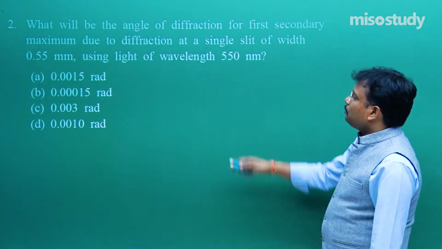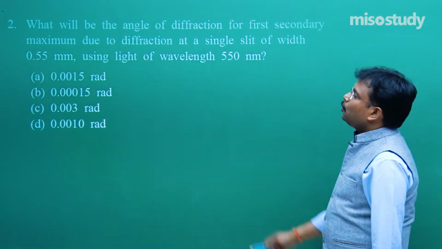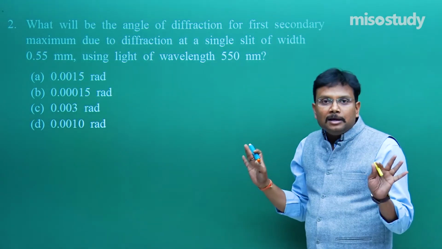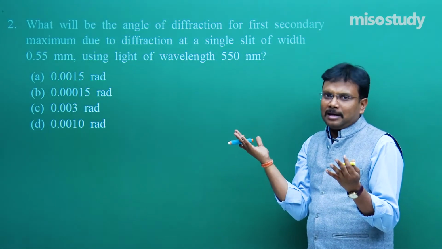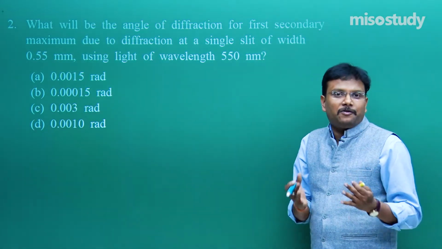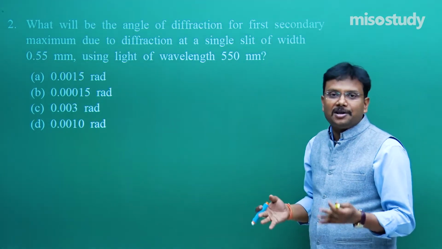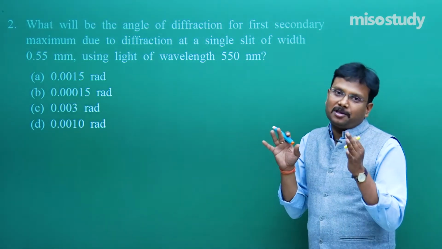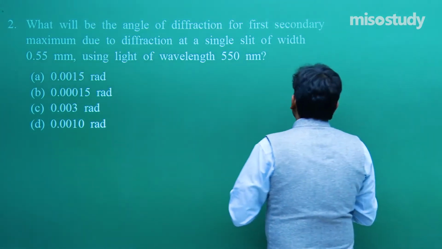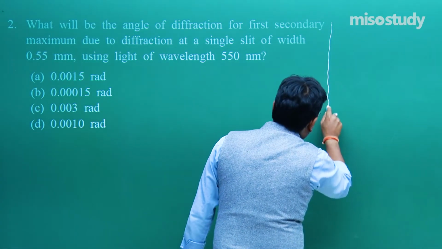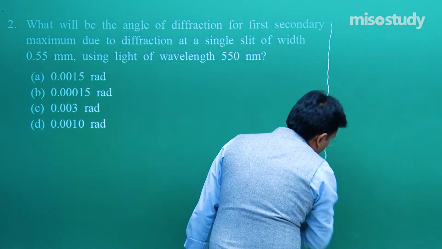So, now the question is in front of you and you can say only formula is required. As such, no concept over here. If the idea or the concept of diffraction is clear, in this question you simply have to use a specific formula and then you will get the answer. So, let me mention the formula.